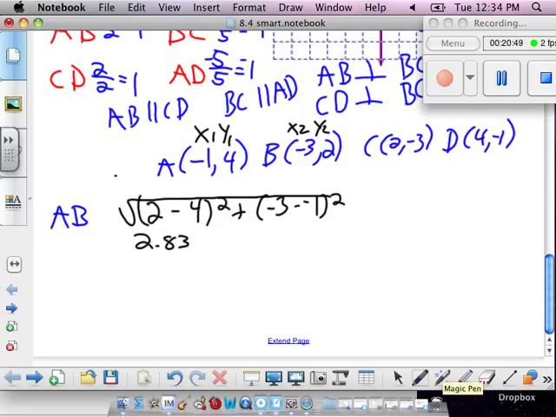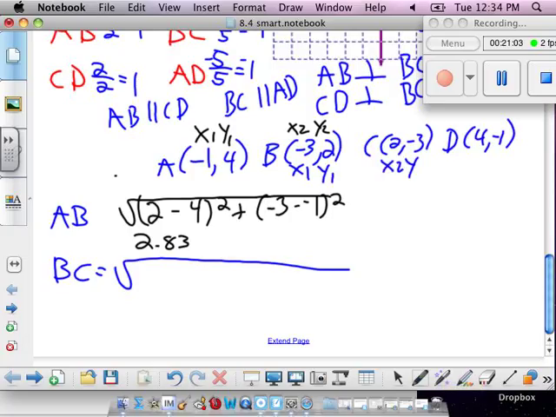Okay, next one I'm going to do in blue, B to C. The square root, we've got B as x1, y1. C is x2, y2. We're going to do negative 3 minus 2 squared plus 2 minus a negative 3 squared.